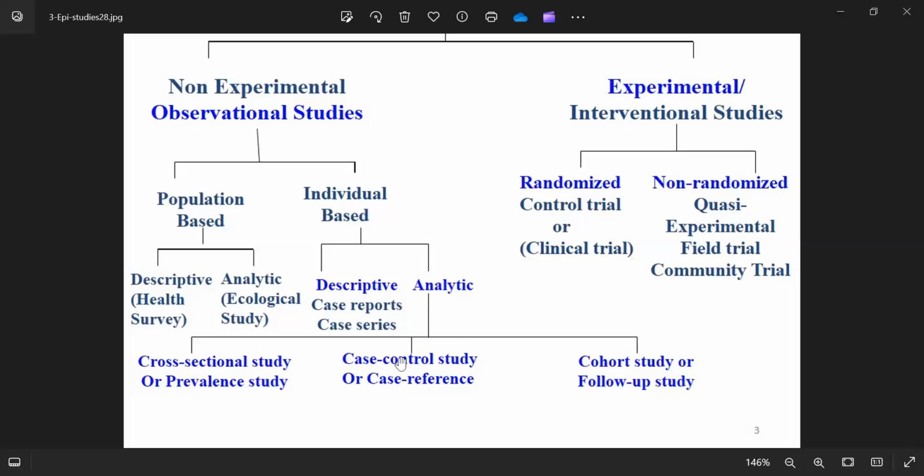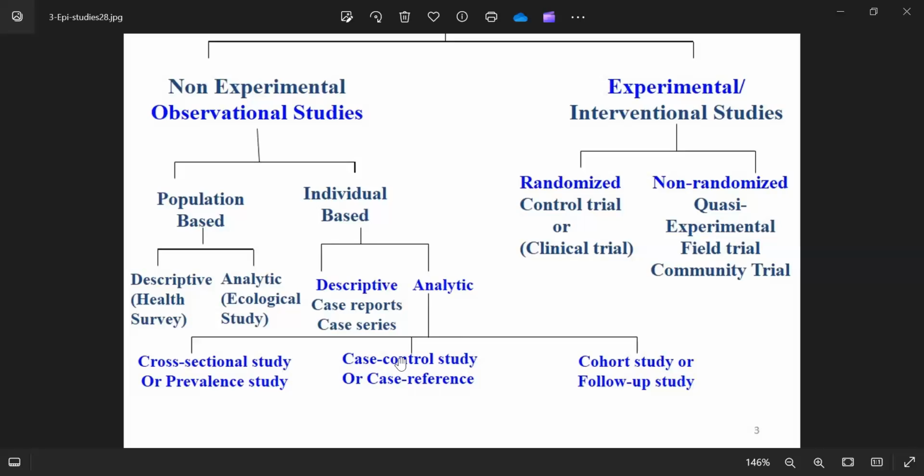Now, under that 50 cases and 50 controls, in the cases you are going to have persons who in the past, or even currently, chose tobacco.